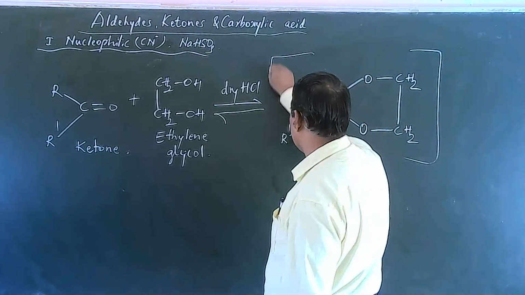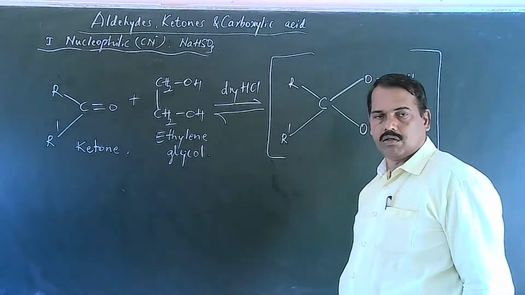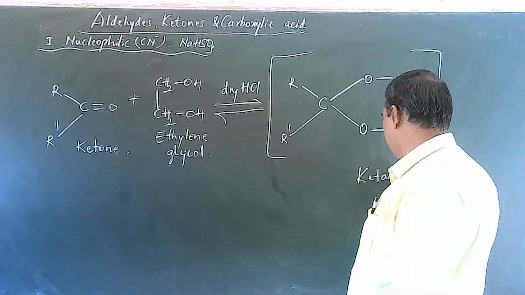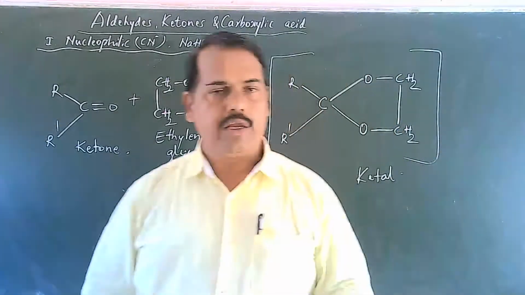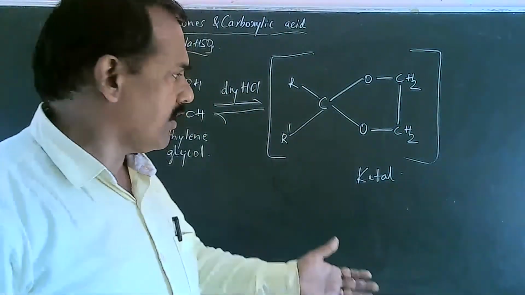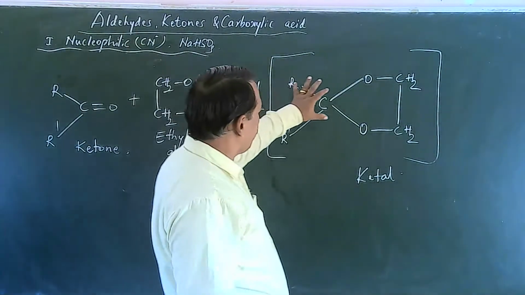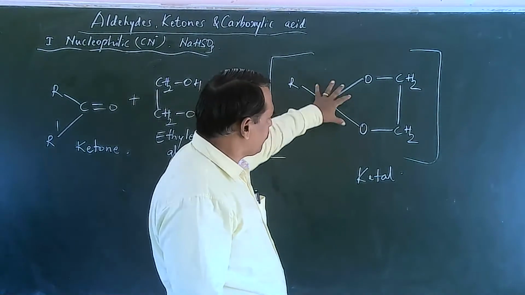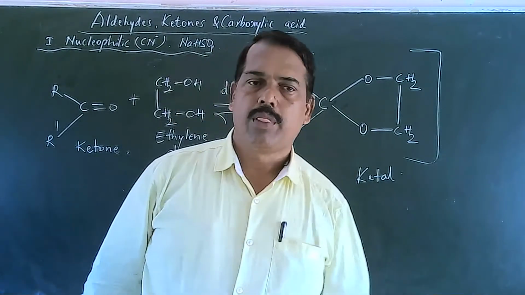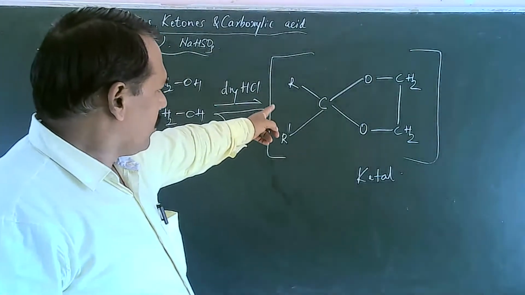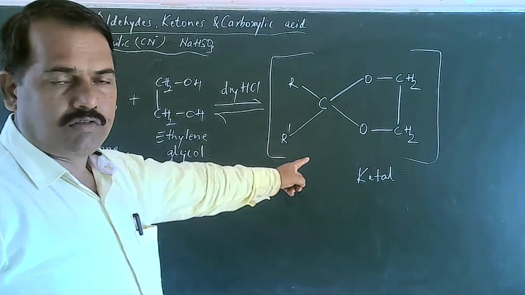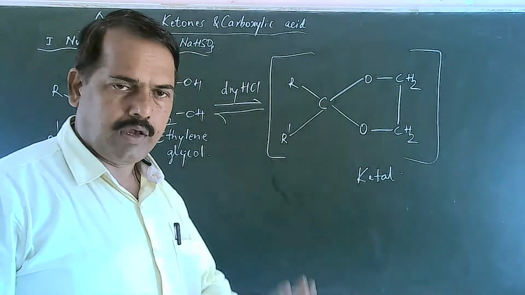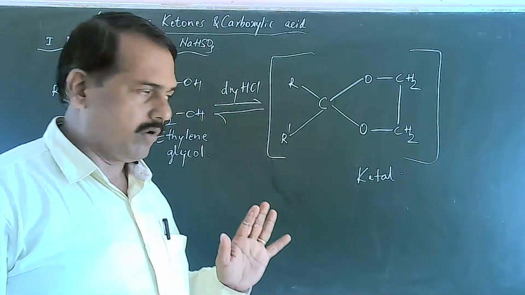So this is called a ketal. A ketal is formed here, as an intermediate product. It is a nucleophilic addition reaction. Are you clear? A very simple reaction. That's all.